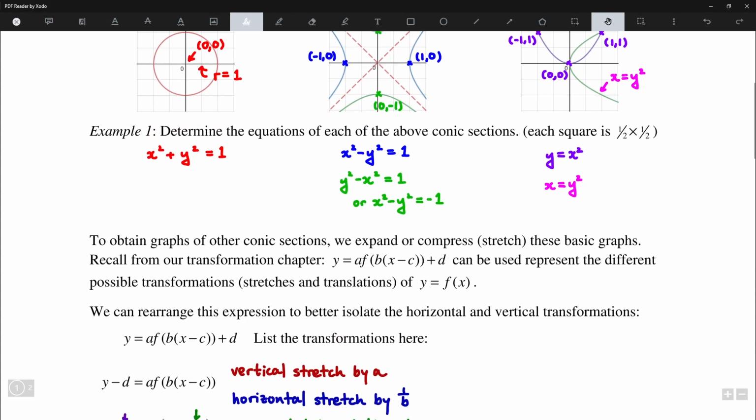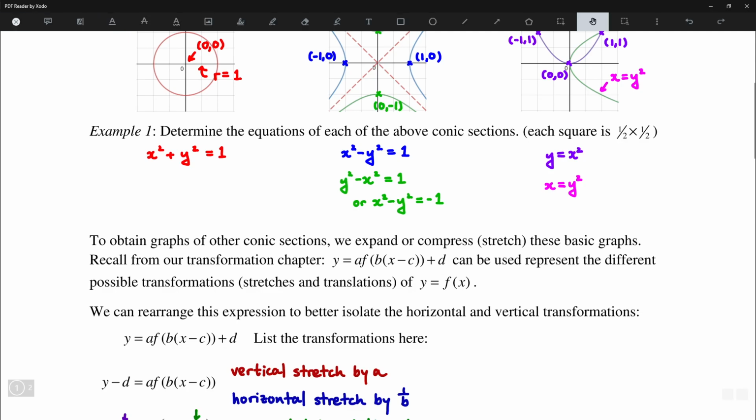In order to get either a larger circle, a smaller circle, or an ellipse, we will use x squared plus y squared equals 1, and then change the values of a and b there. To get a different hyperbola, we'll manipulate the equations here, and then finally to change parabolas, we'll be changing the equations x equals y squared or y equals x squared.